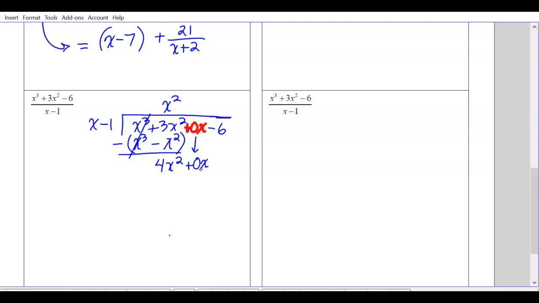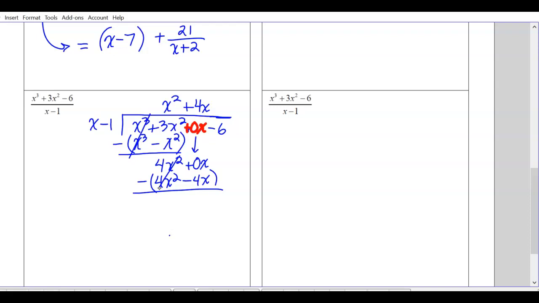Okay, so then 4x squared divided by x is 4x. Multiply that through. Chosen it correctly, those go to 0.